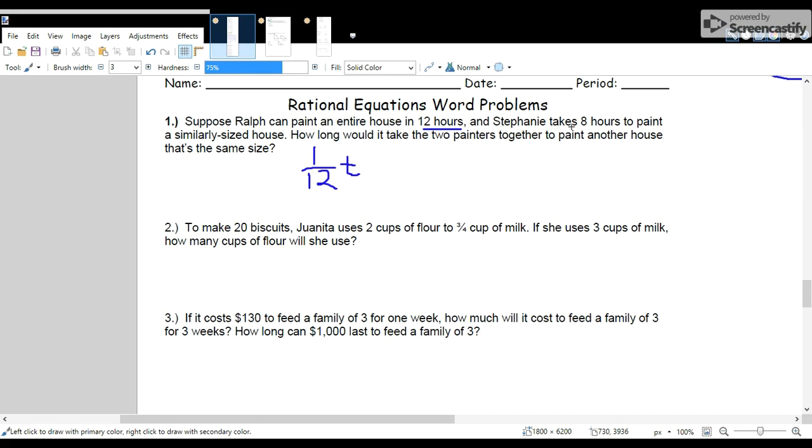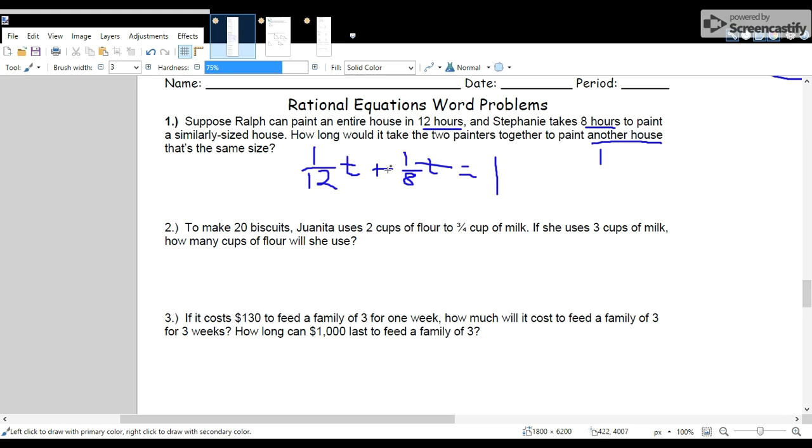And Stephanie takes 8 hours, so 1/8 of some hour. It's only talking about 1 extra house, so we're going to set this equal to 1 and solve for t.